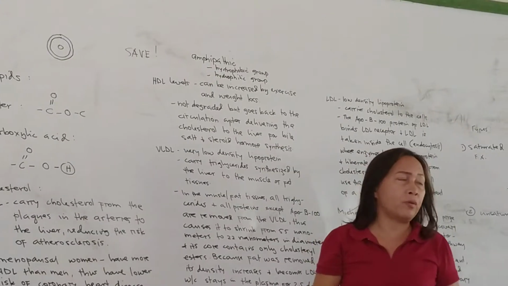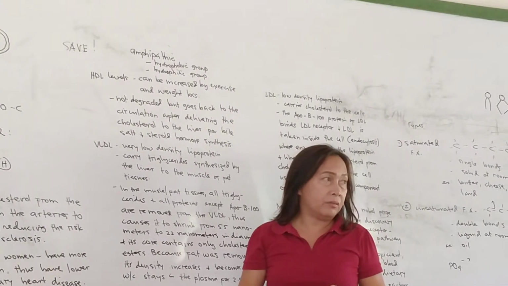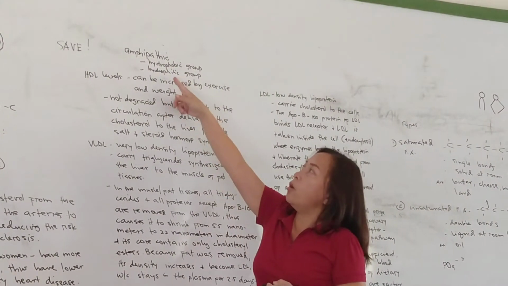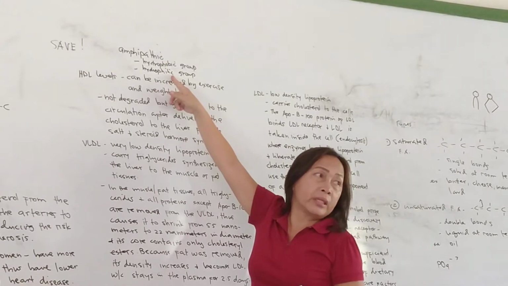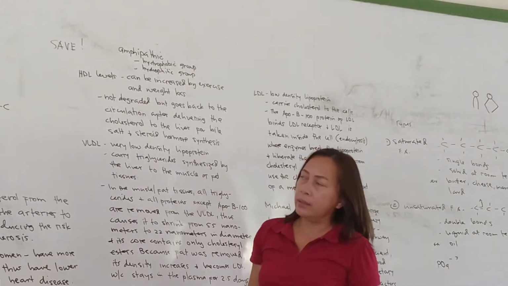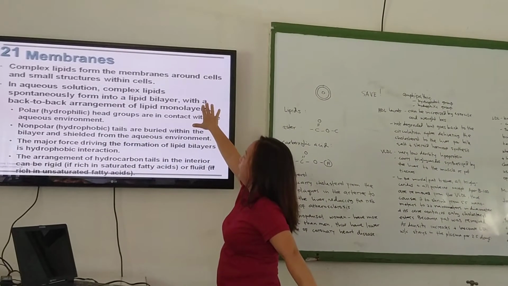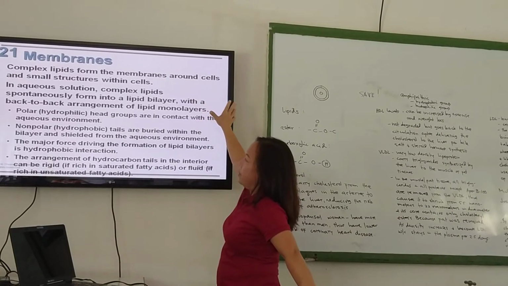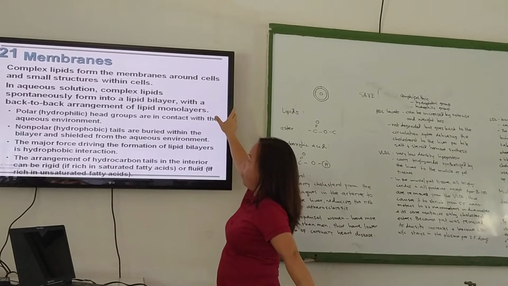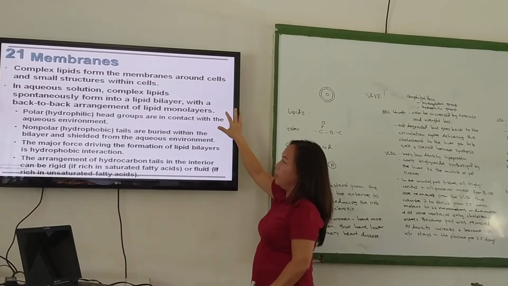Hydro means water, phobic, afraid of water. Hydro, water, philic, water lover. Okay. So now this lipid in the membrane is arranged in a back-to-back form, forming the monolayer.